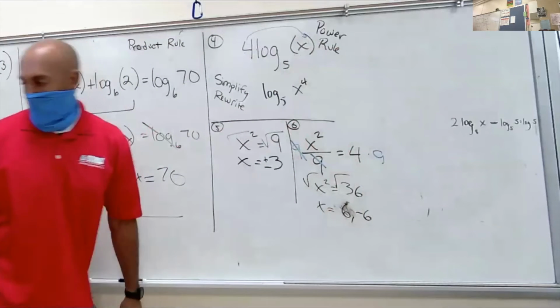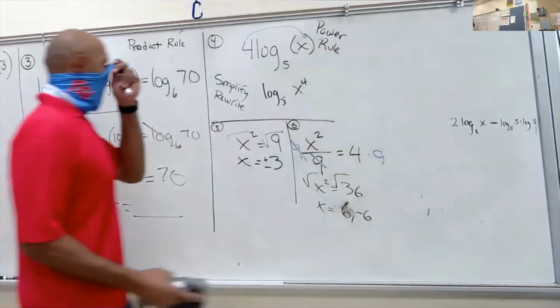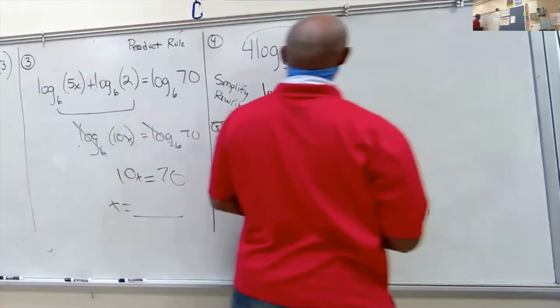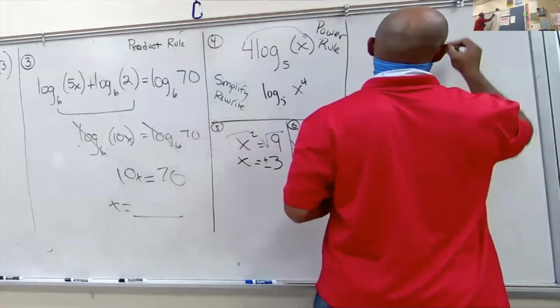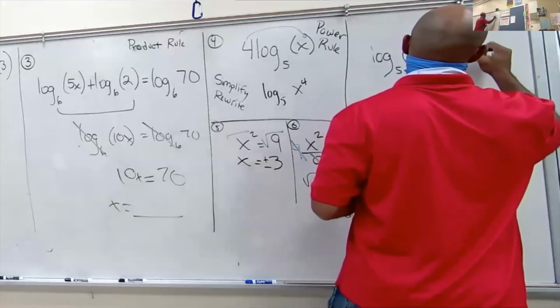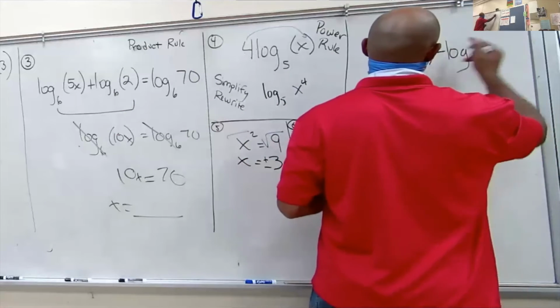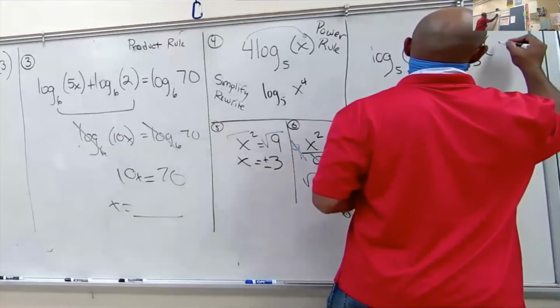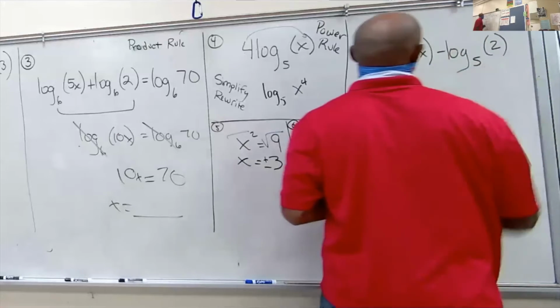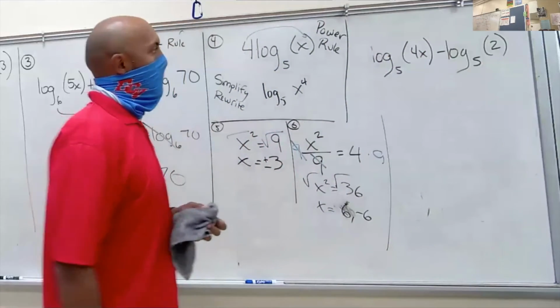All right, now let's use all of that you just learned and put it all in one problem. Let's do log base 5 of 4x minus, actually, not minus 2.